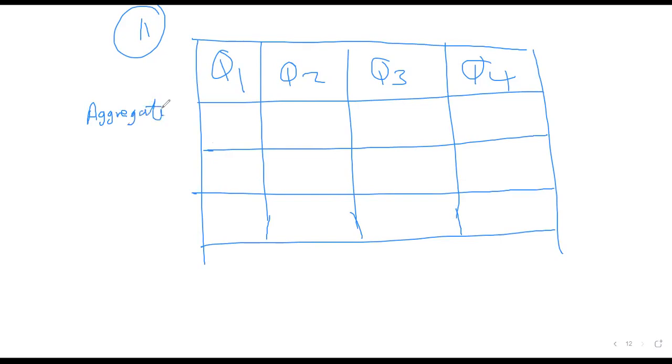The first one is 50,000, then 60,000, then 55,000, then 49,500.